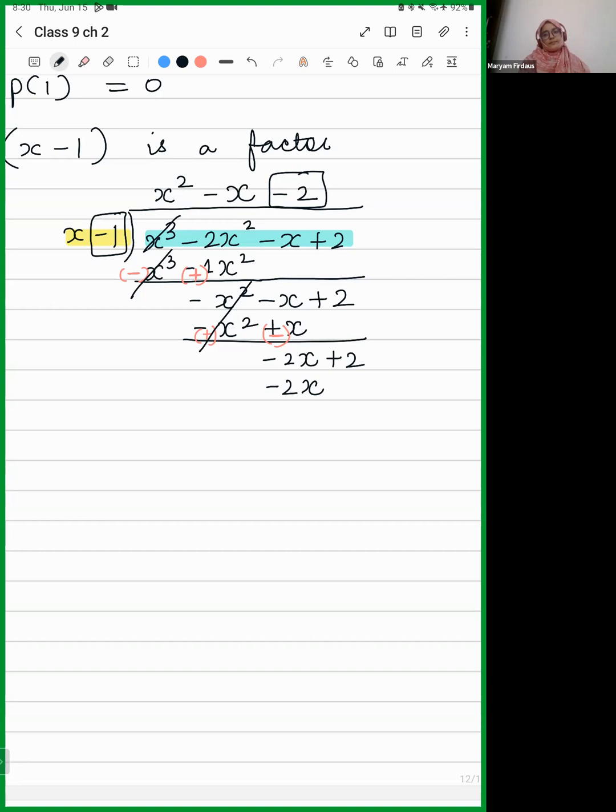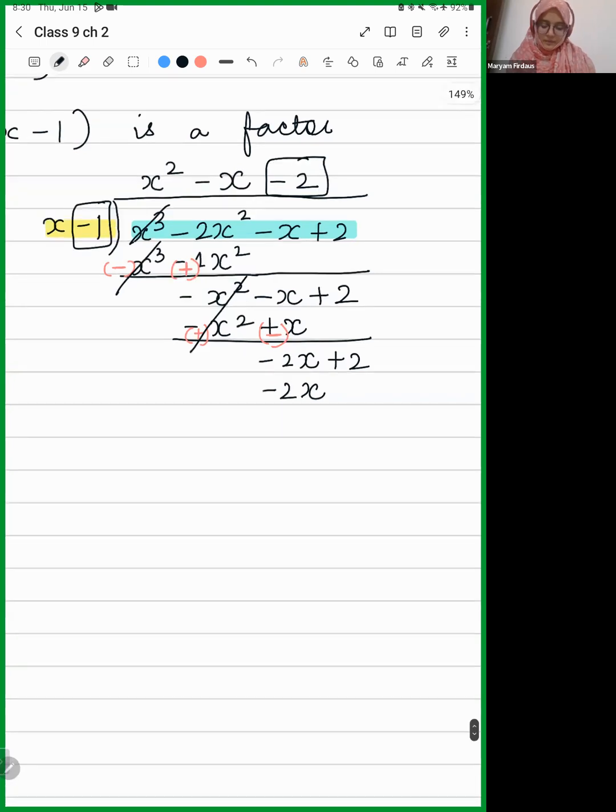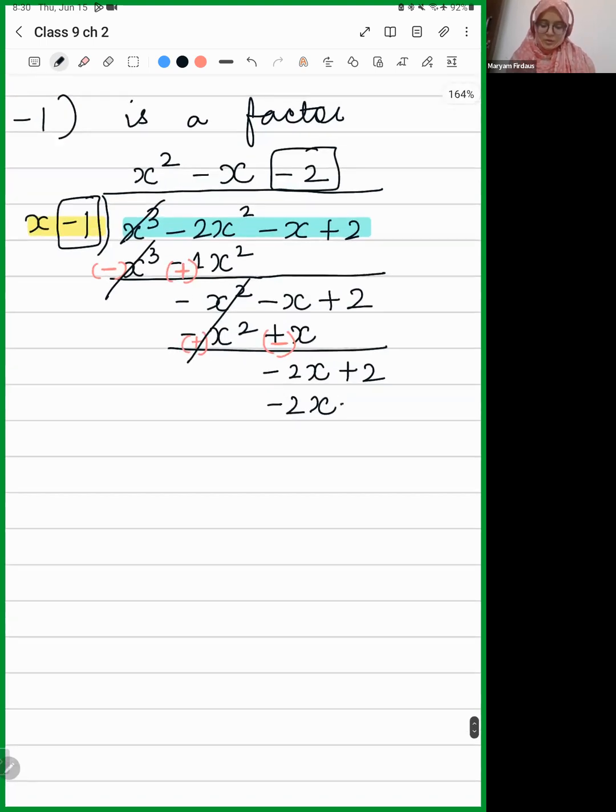Plus 2. And where do I write it? Right next to it. So again, when we change the signs, these two will get cancelled. This becomes minus. So this will get cancelled, and plus 2 minus 2. This is positive 2 and this is negative 2. So they get cancelled and the remainder is 0.